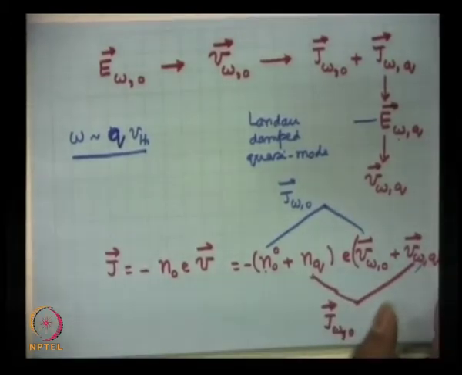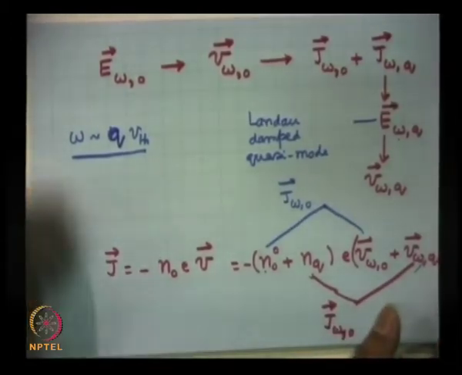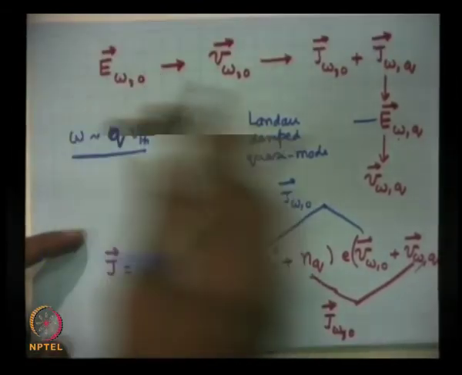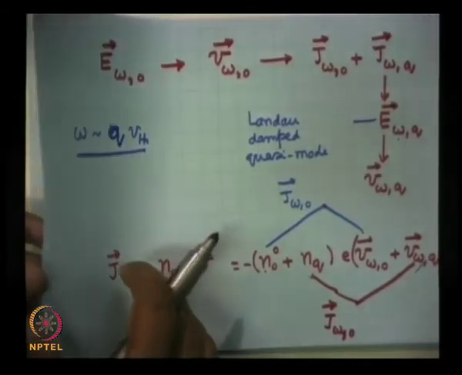So, I would like to make a simple calculation for this, and then I will indicate what will happen if you permit finite wave numbers. It is a trivial extension beyond that. So, let me proceed step by step. Let me redefine the problem.